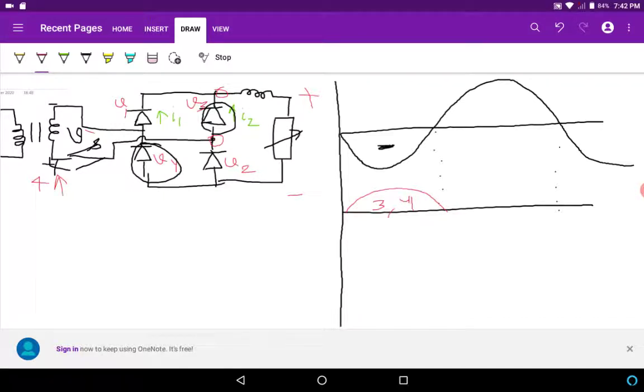Now as soon as the direction of the voltage changes, that means the upper point becomes plus and the lower point becomes minus, at that time V1 and V2 will conduct. If V1 and V2 conduct, then I still get the output waveform like this. Here 1 and 2 are conducting. That's why the valves are named like that, 1, 2, 3, 4.